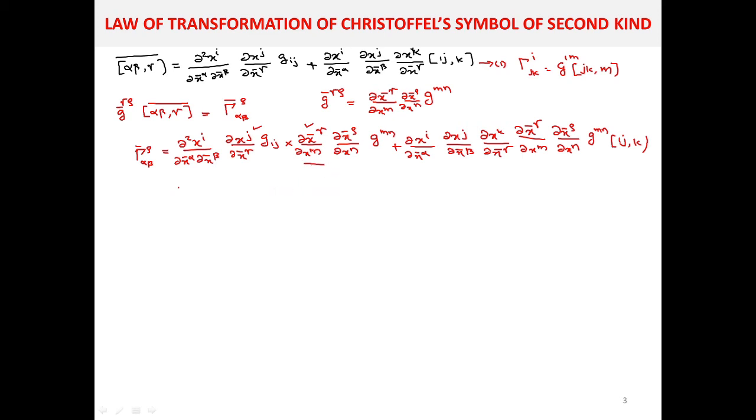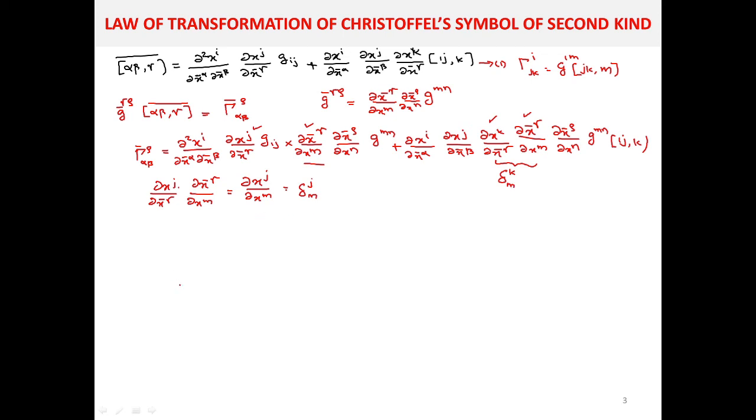You just consider these two terms, that is ∂xʲ/∂x̄^γ and ∂x̄^γ/∂xᵐ. It can be written as ∂xʲ/∂xᵐ, and its value is Kronecker delta jm. Similarly, here also the two terms, that is ∂xᵏ/∂x̄^γ into ∂x̄^γ/∂xᵐ, can be replaced with the Kronecker delta km.